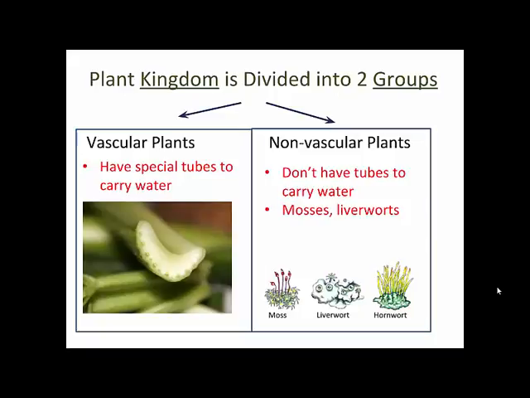Moss is probably what you're most familiar with as a non-vascular plant. There are some other things you may not be familiar with, but they're all small, low-growing plants that grow in damp, wet areas because they need to be close to the water. There are different types of liverworts.